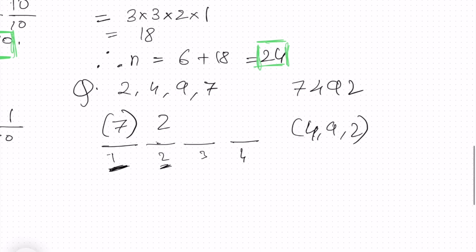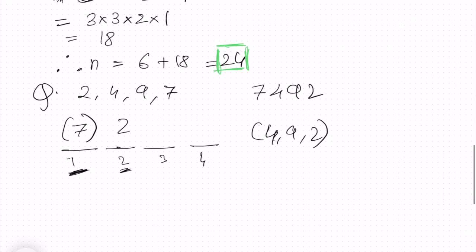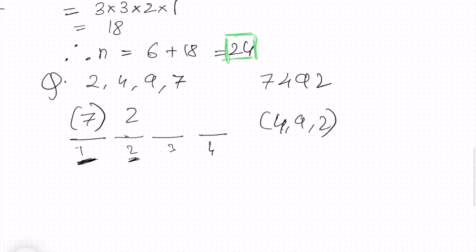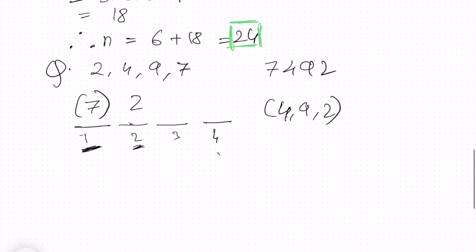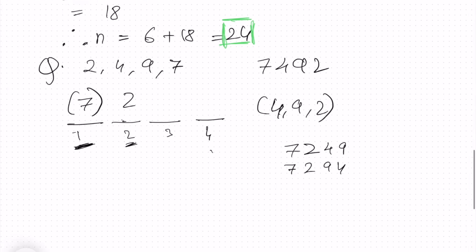Now if I fill any of these two digits, 4 or 2, I have no restriction to place any digit in positions 3 and 4, because that number will never exceed 7492. So if 72, then the possibilities are 7249 or 7294, which are both less than 7492.